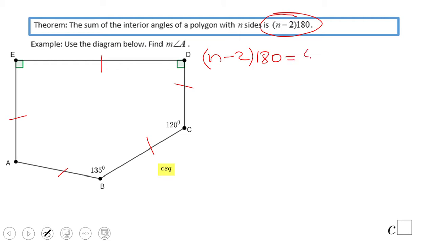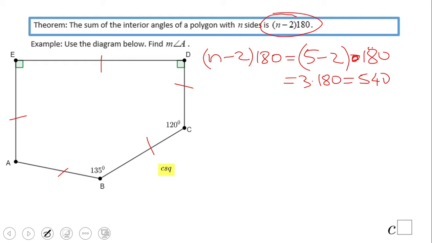So we have 5 minus 2 times 180, order of operations here, right? That will give us 3 times 180, and that will be 540 degrees. The sum of the interior angles of this polygon of 5 sides is 540. And now we're going to write an equation similar to the previous problem.